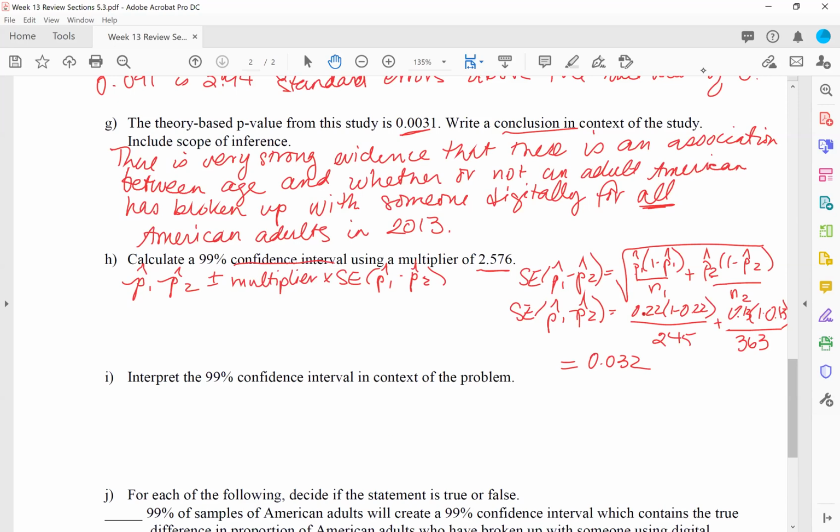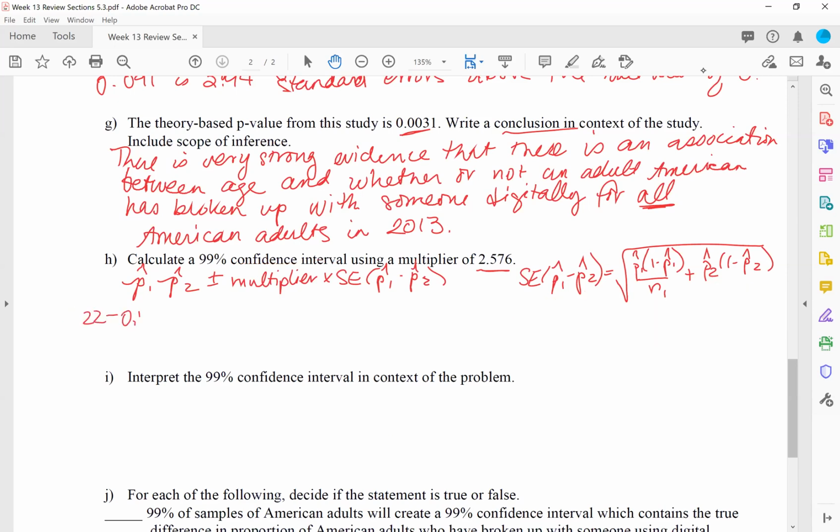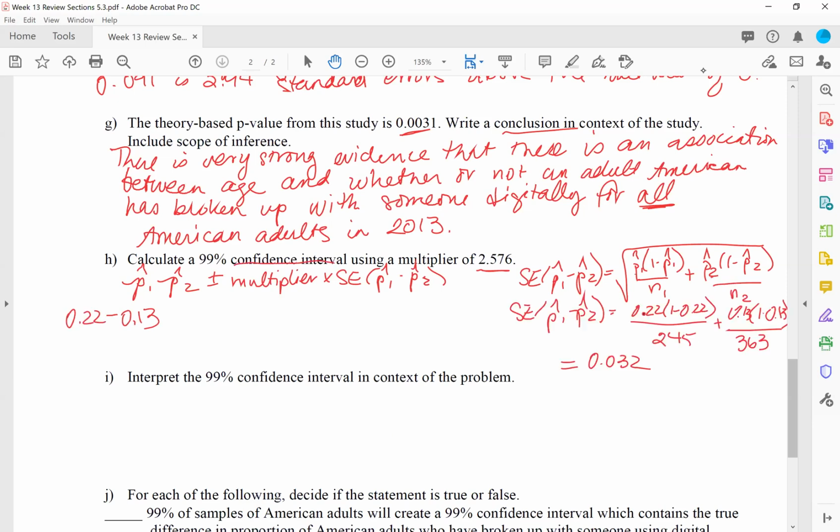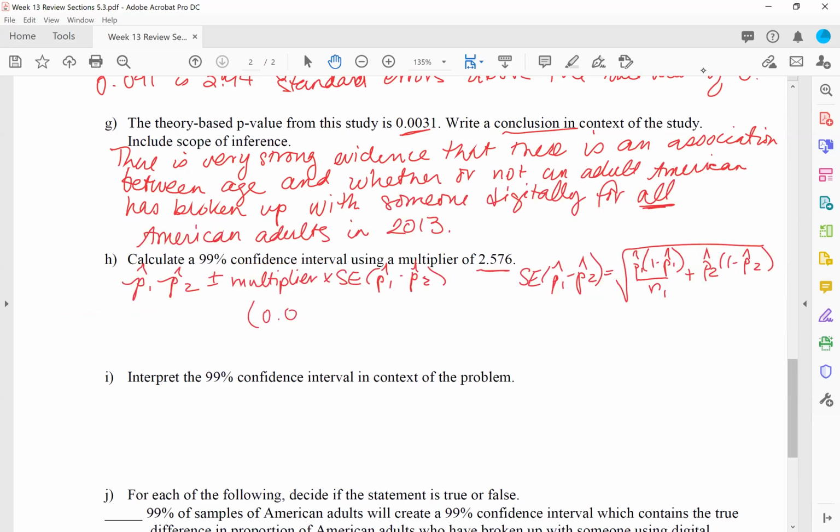All right, so we're taking the 0.22 minus 0.13, because that's my order of subtraction, plus or minus 2.576, the multiplier, times the 0.032, the standard error.